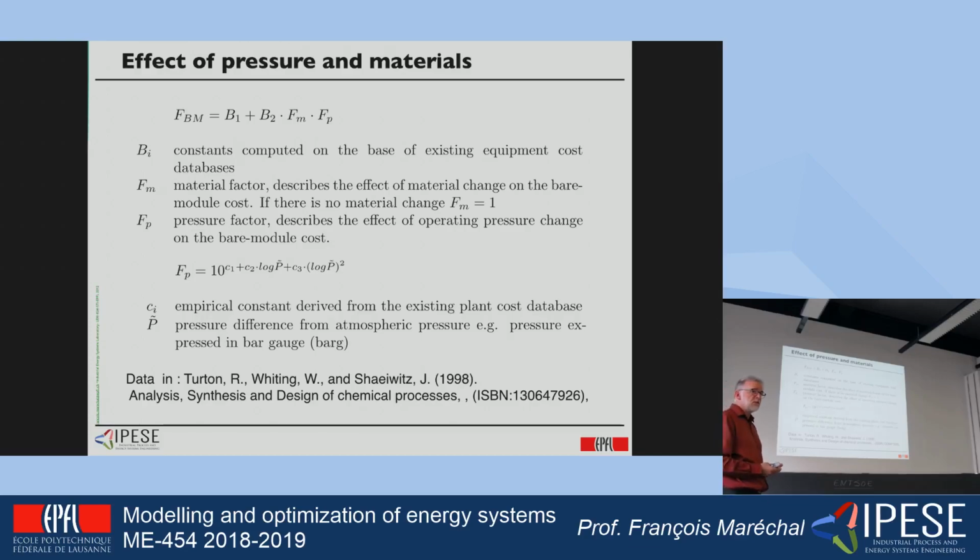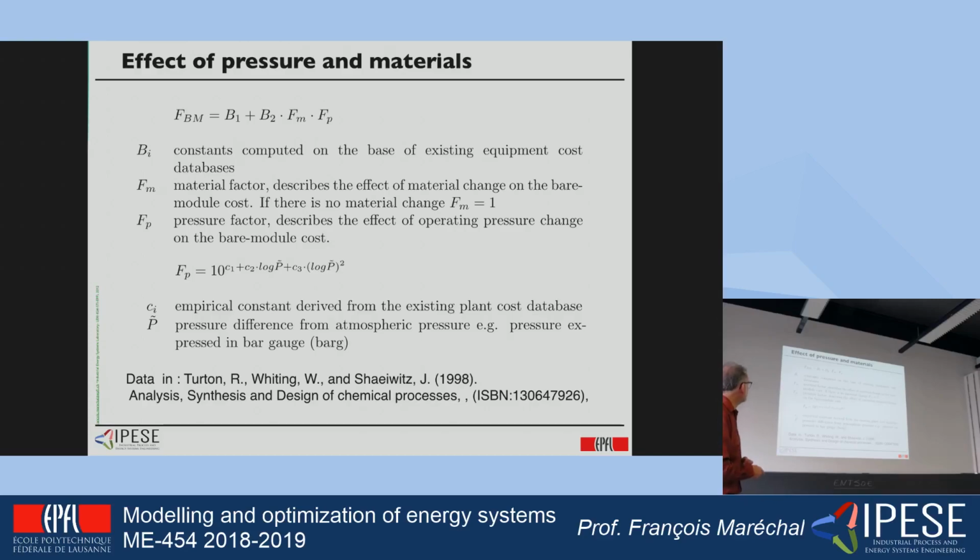The same for the pressure. If the pressure is changing, then just to withstand the pressure difference, you have to change the thickness of the tubes. Therefore, there will be a factor related to the operating pressure at which you operate.